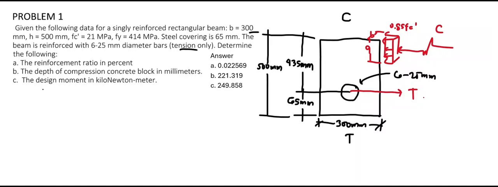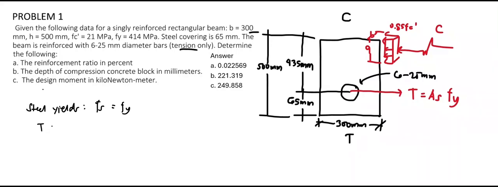The tensile force T is equal to the steel area, As, multiplied by the stress felt by steel. So we need to assume whether steel will yield or not. To simplify our calculation, we begin by assuming that steel yields. That is, the actual stress felt by steel is equal to its yield strength, fy. So we multiply the steel area by fy to get the tensile force T.